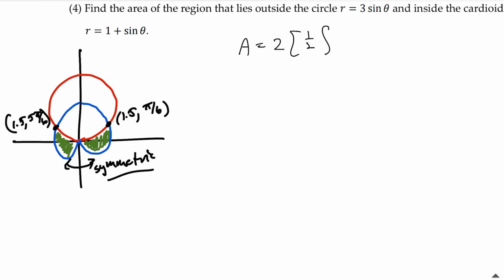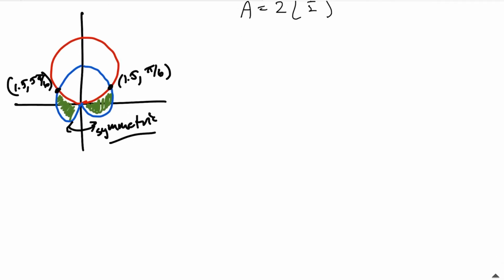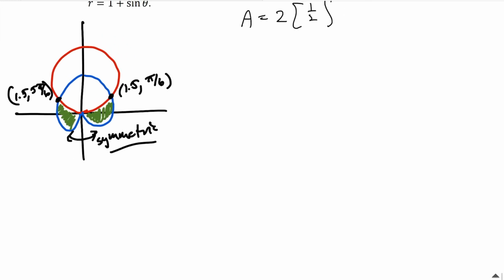that we're sweeping out. So let's go ahead and now get into thinking about how we're going to achieve that. Now for the cardioid, it seems pretty obvious that we want to sketch our curve like this, right? So it means I want to start from below and then sweep to the right and upward. So that actually works. But then that means that I'm not starting at 0 radians.